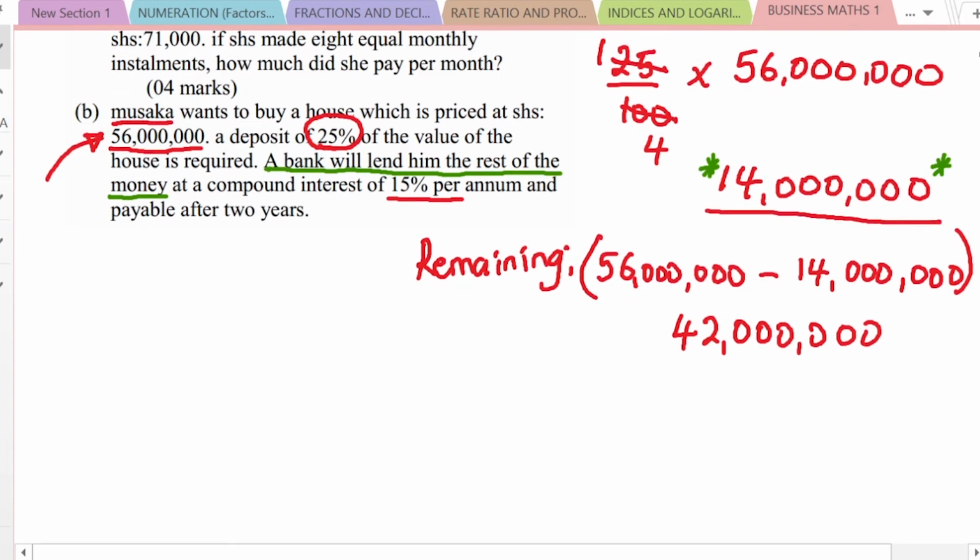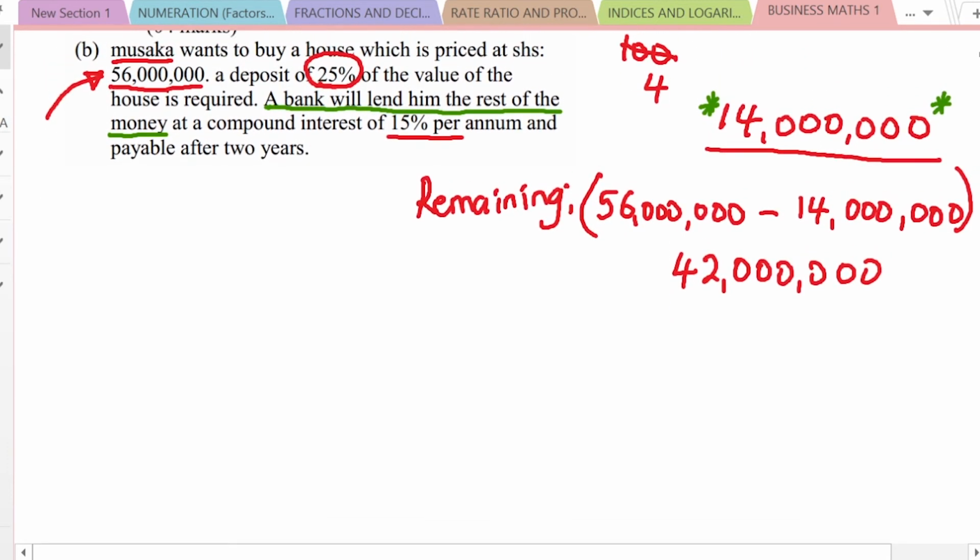Now that we have the remaining money, which is 42 million, that is how much the bank is going to lend him at 15% per annum, payable after 2 years, and this is compound interest. The formula for compound interest: the amount is given by the principal times 1 plus the rate out of 100, to the power t.